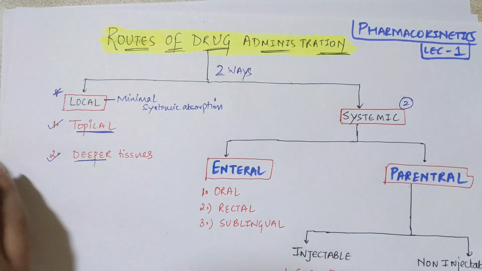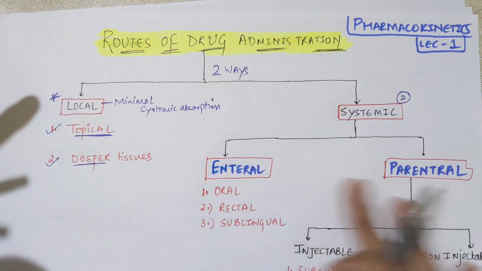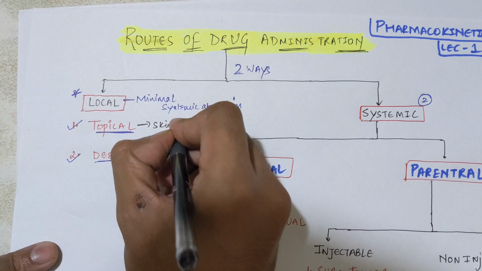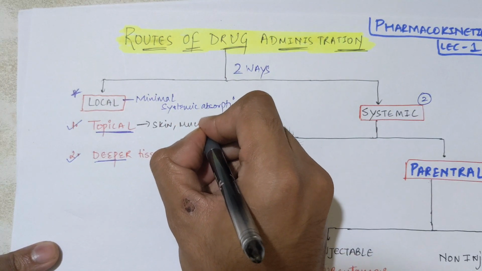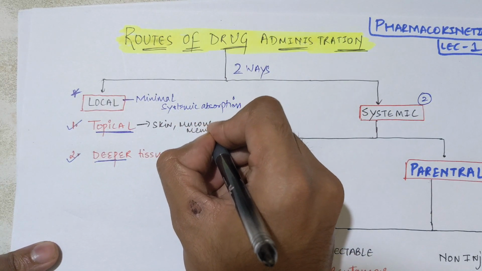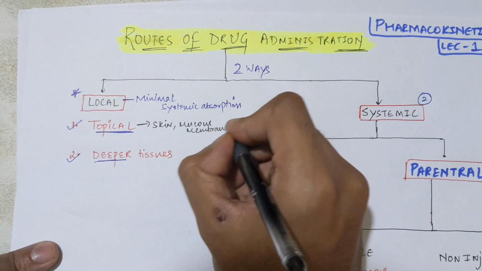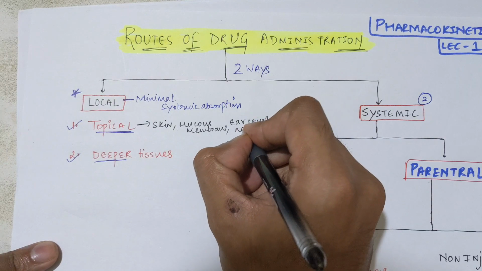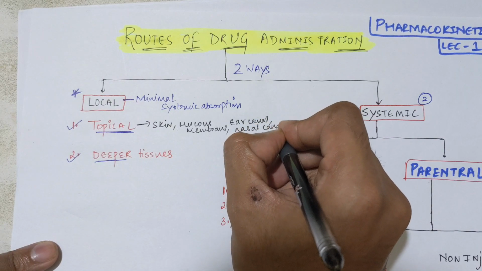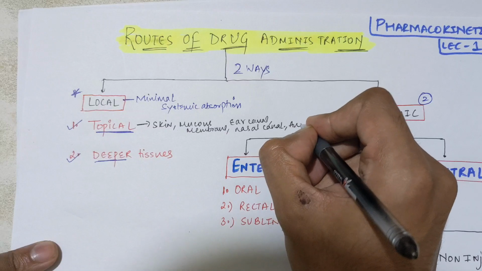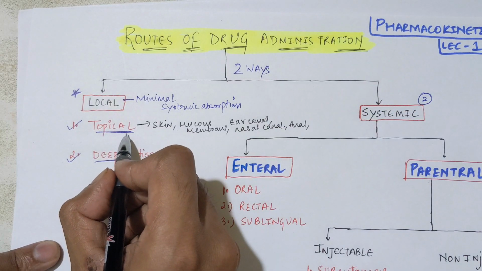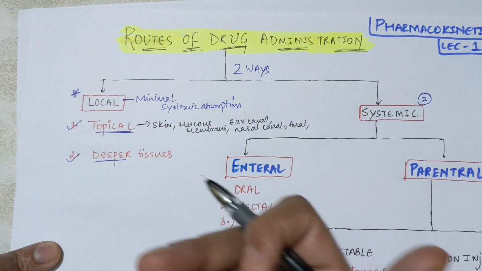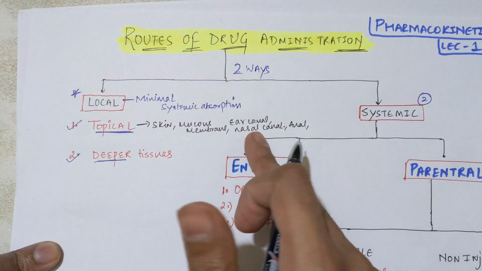In the topical route, first we have to discuss in which places we can give. We can give it on the skin, and also on mucous membrane. You can give it in the ear canal, the nasal canal, and the anal route as well. Topical means you can give it in the form of powders, ointments, and nasal sprays can be given through the nasal canal.